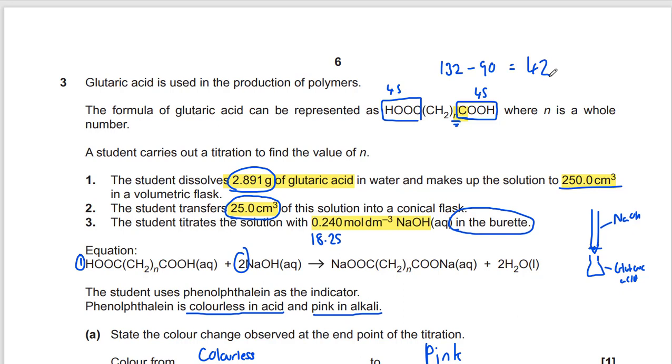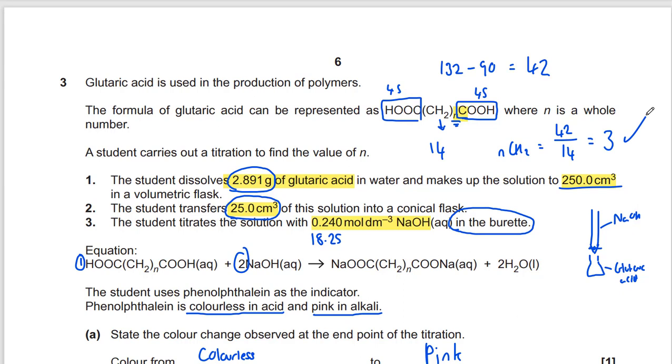Now, the way to find out how many there are is, well, how much does one CH2 weigh? One CH2 is 14, and therefore the n of CH2 is going to be 42, which is the total, over 14, which is exactly 3. And that is your final answer.